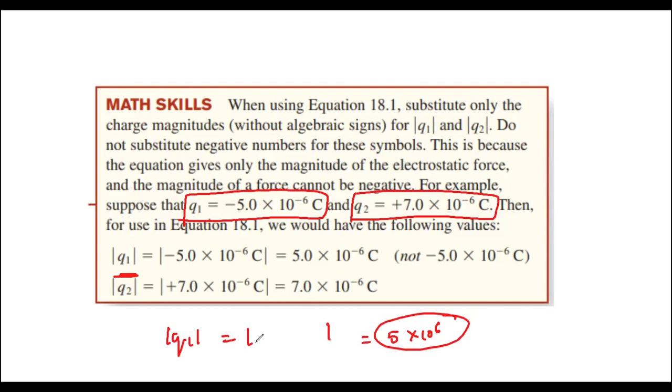Anything that goes negative inside will come out as positive. You will not write negative. And your positive 7.0 times 10 to the power minus 6 goes inside these lines, so positive will stay positive, negative will become positive. Make sense? So everything will come out positive. This is how you can take care of this thing.